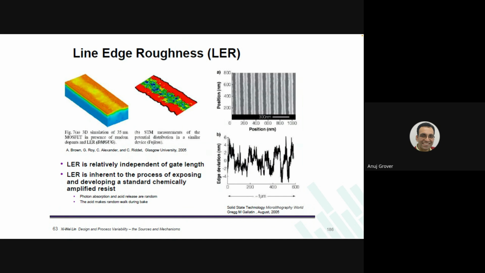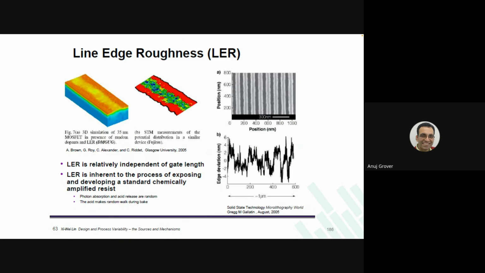The device is not really behaving the way it should. And what we then realized was that the polycrystallines, the crystals of the poly, are big. So line edge roughness was very, very large. In fact, the flow of current across the entire gate was severely hampered. And therefore, ST then changed the process in which it would deposit polysilicon on wafers so that the crystal size is smaller.